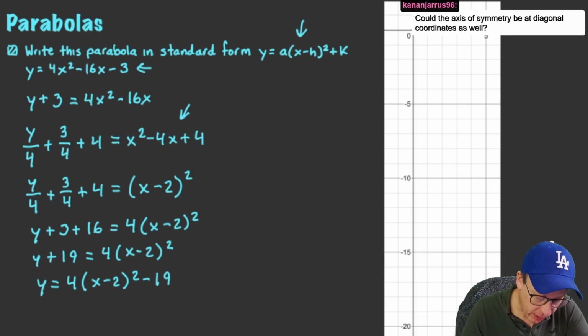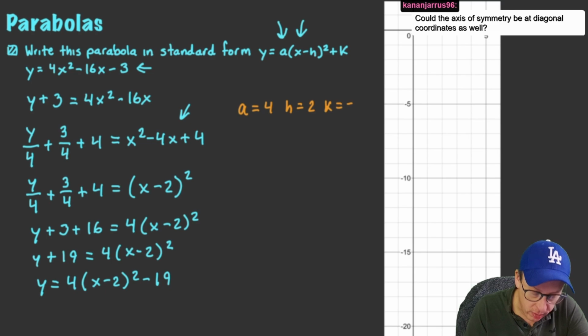From looking at this, I'm going to look at a, h, and k to make these predictions. We know that a is equal to 4, h is equal to 2, and k is equal to negative 19. That means our focus is going to be h and k, which is 2 and negative 19.